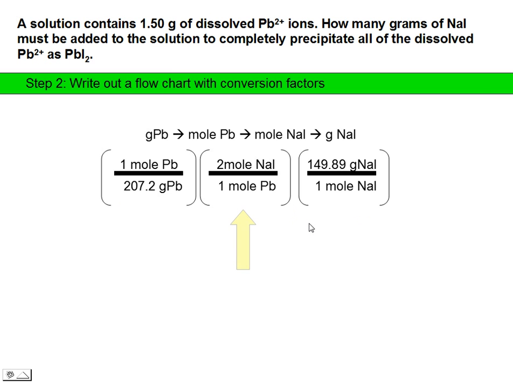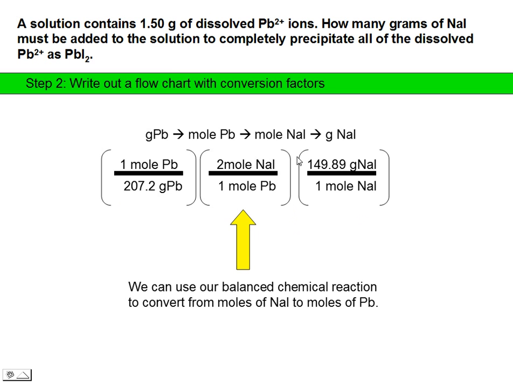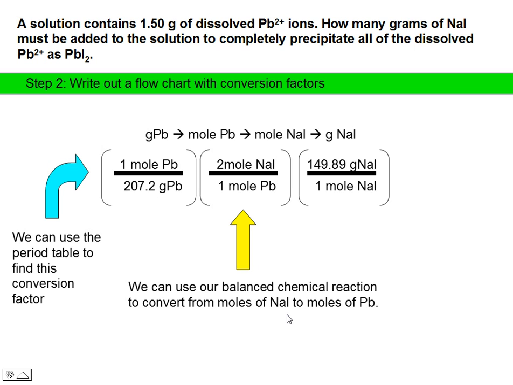So let's start with the middle. This one is usually the hardest conversion factor for many people to visualize. We can use our balanced chemical reaction to convert from moles of sodium iodide into moles of lead. And to go from grams of lead into moles of lead, we can use the periodic table to find this conversion factor, because this is the molar mass of lead.